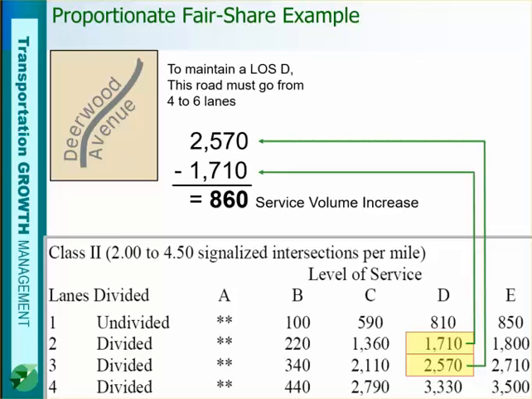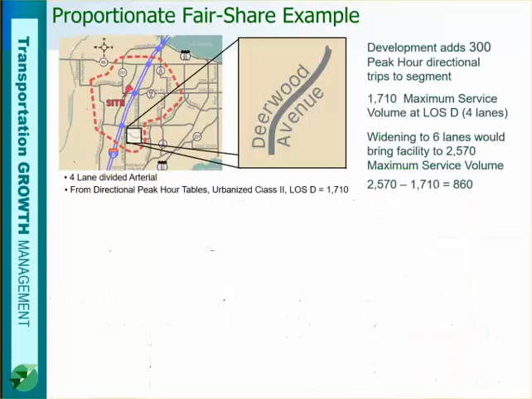Now, the development only added 300 trips, and we went from a 1,710 maximum service volume to a 2,570. Remember, that's 860 extra capacity that would be added by adding two new lanes from a 4-lane to a 6-lane.